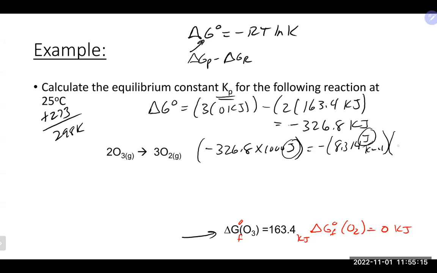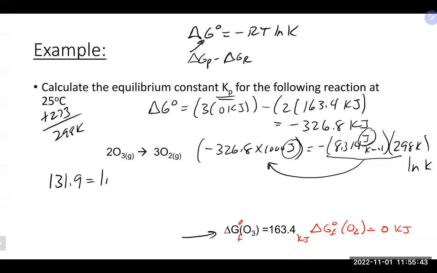We're going to times that by 298 and the natural log of K. I'm basically going to take everything on this side and bring it over to that side, right? So that will give me 326.8 times 1,000 divided by 8.314 and divided by 298.